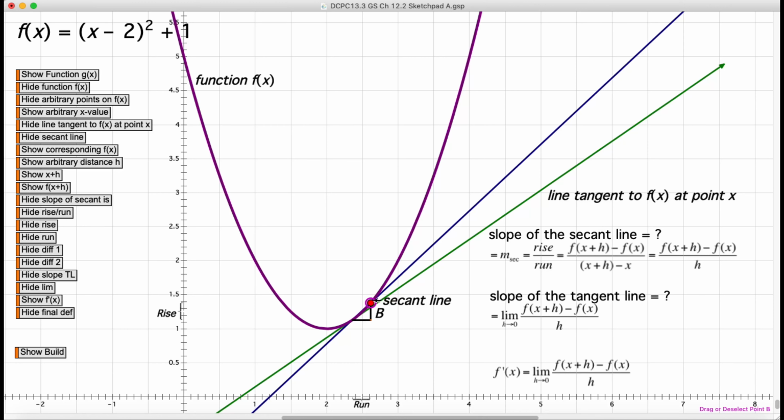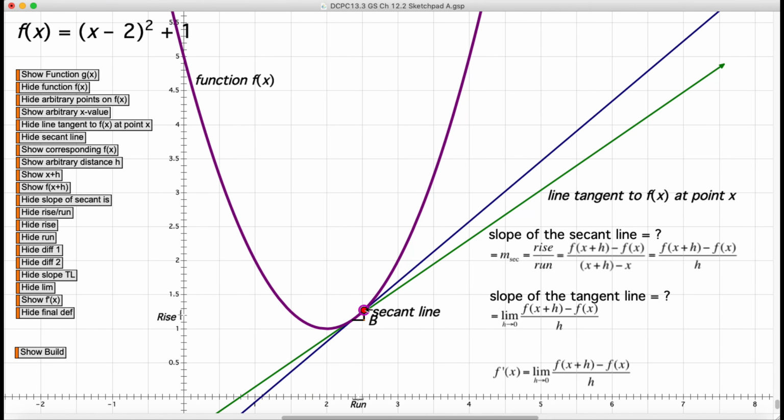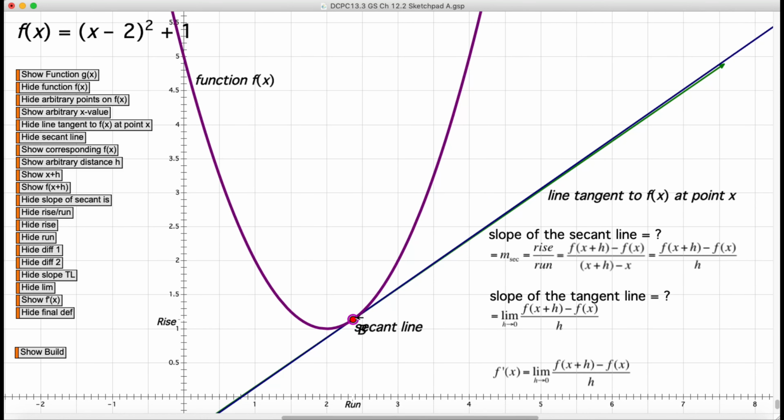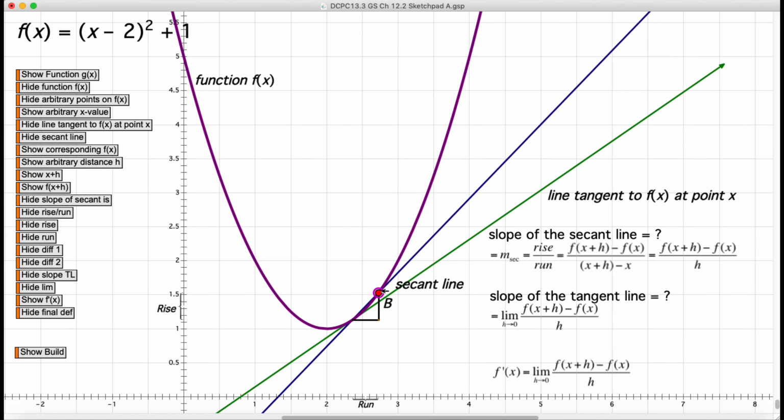And that's going to give me the slope of that tangent line. And remember, we talked about the other day how the slope of our tangent line is that instantaneous rate of change at one given point. And your instantaneous rate of change is our derivative. So that gets us this idea right here.